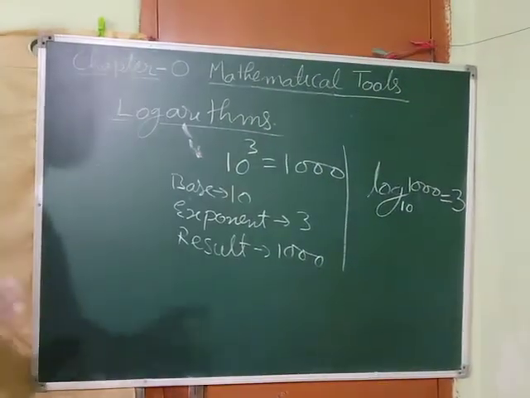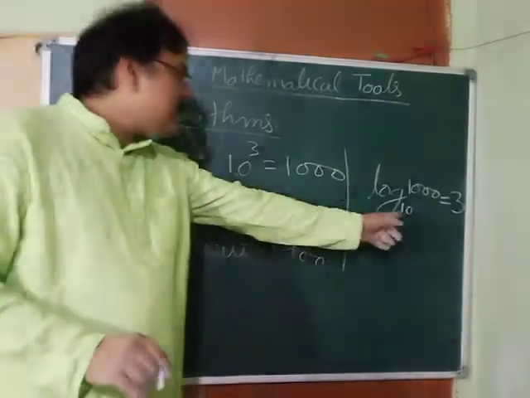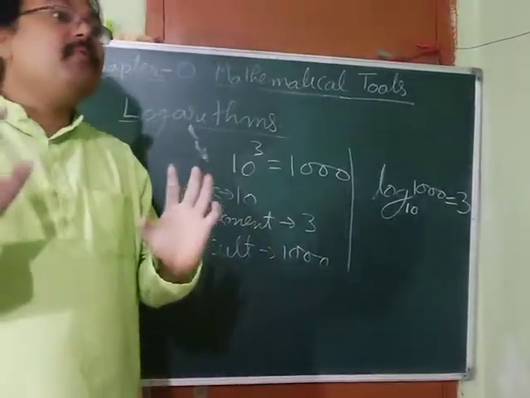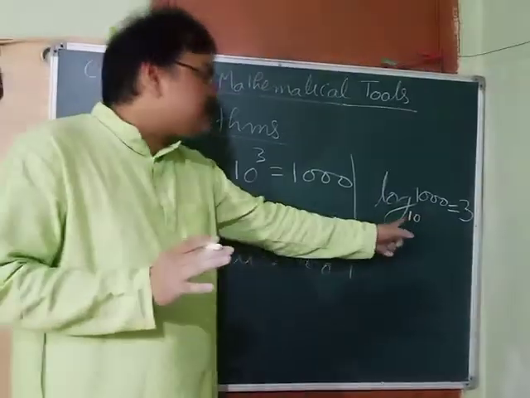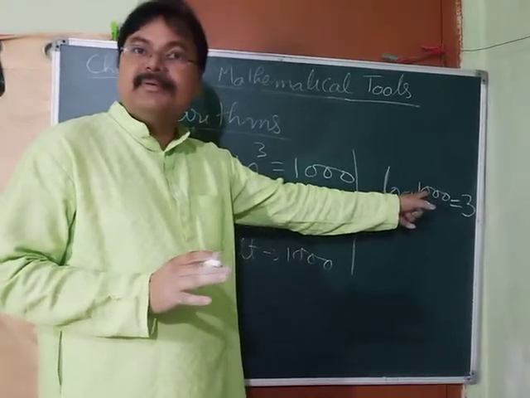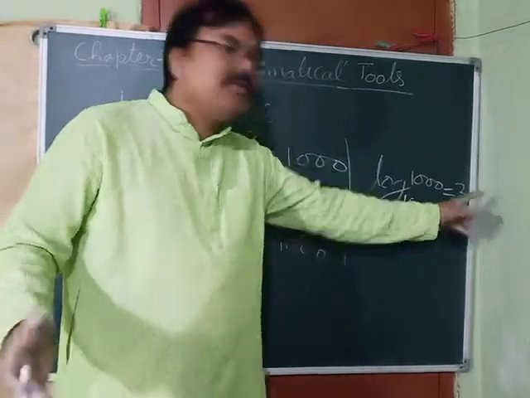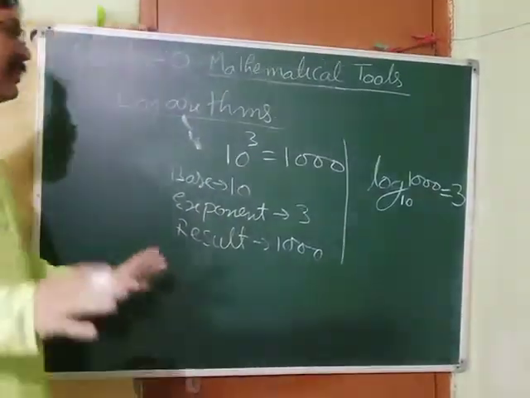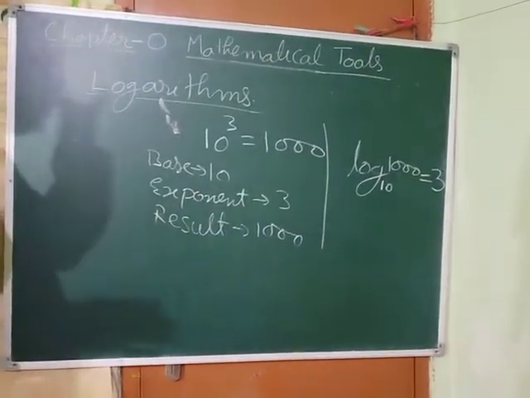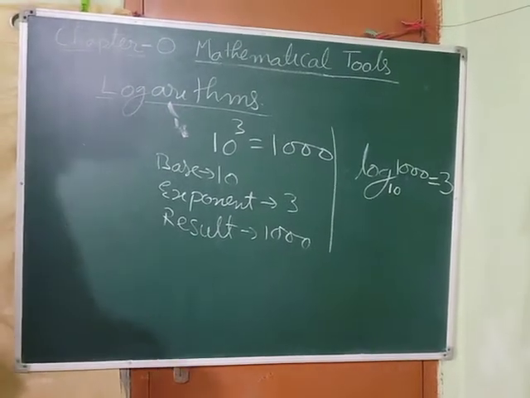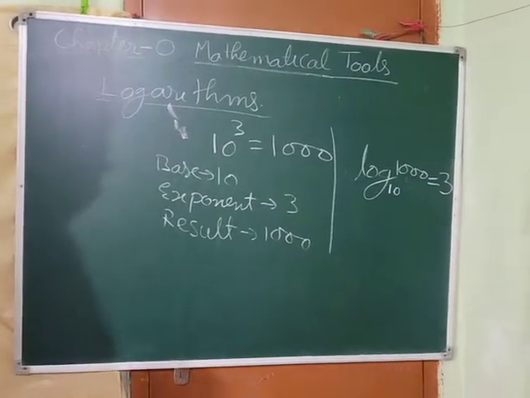That means if the base is 10, then what power do you have to raise this 10 to get this? 3. So 3 is your logarithm. So logarithm is not a new thing. It is actually a new way of presentation. So nothing to worry.